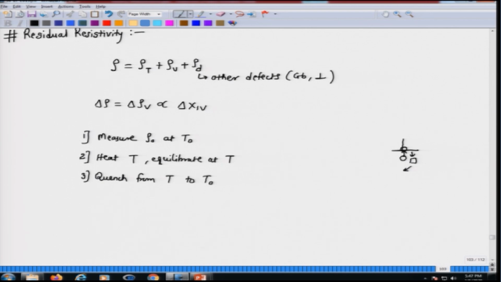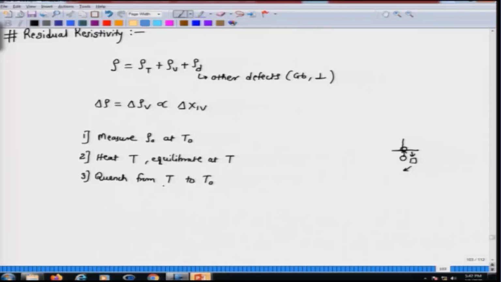Similarly, when the temperature is reduced, the vacancies in excess of the equilibrium concentration at that temperature have to be gotten rid of, and that occurs by diffusion of these vacancies towards the defects. Now, the same defects act as sinks.